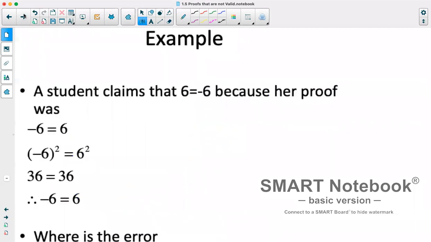Next example, a student claims that 6 equals negative 6 because her proof was negative 6 equals 6. She squared both sides and got the same thing, and therefore negative 6 equals negative 6.